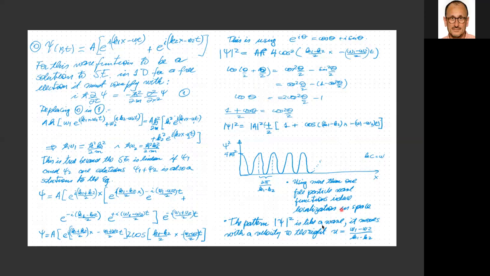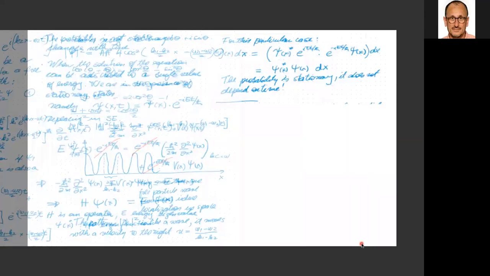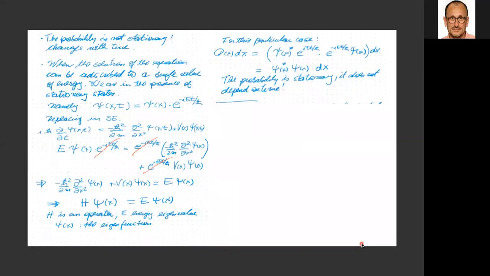So this is what we have to keep in mind. So the pattern that phi square has is like a wave, and it moves with this velocity to the right hand. So a feature of this probability distribution is that it's not stationary, it changes with time.